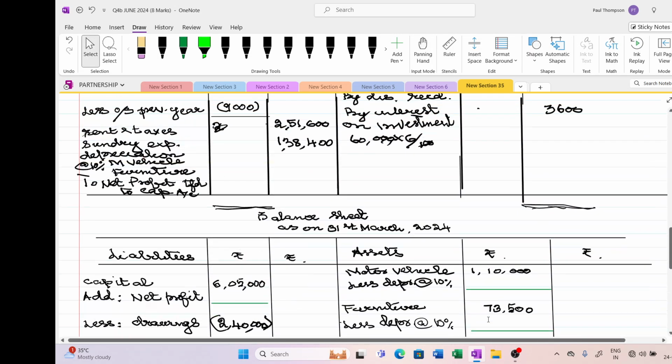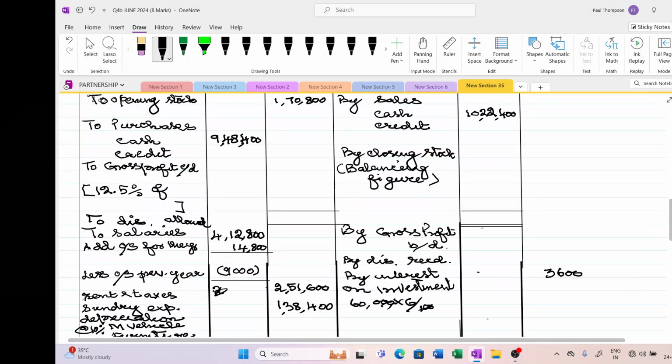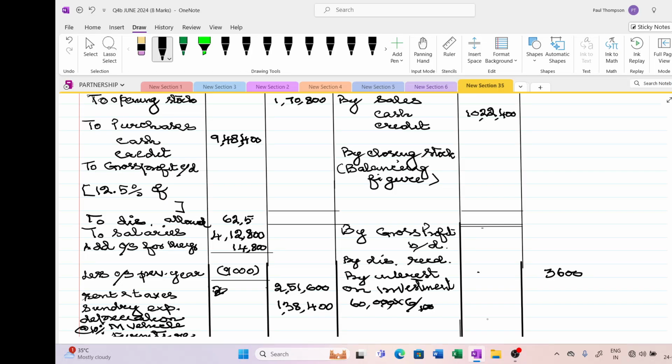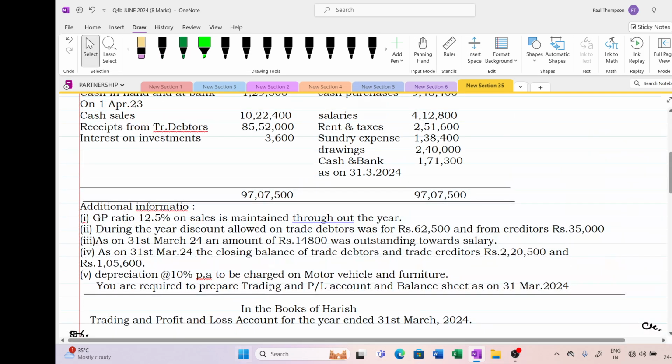All the adjustments will appear at two places. Discount allowed is 62,500. You have to take it to your P&L account. And discount received is 35,000. We are going to take it in the P&L account on the credit side. Done. So the second adjustment we have made at two places. The third adjustment also we have made at two places.